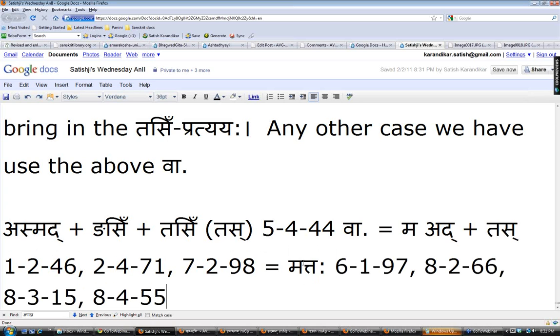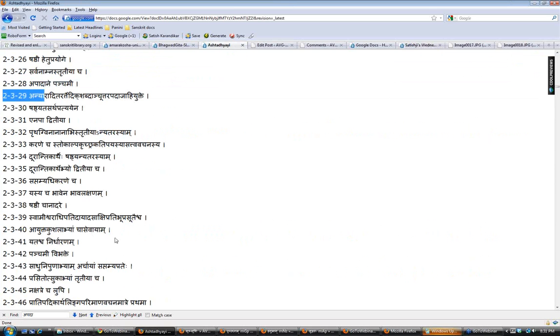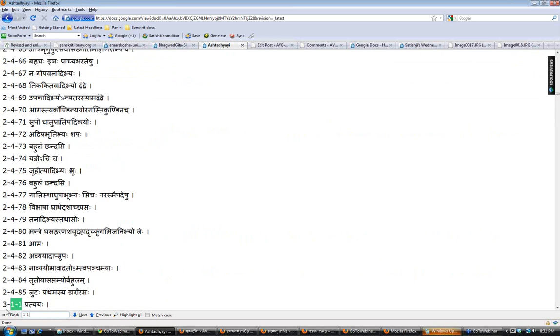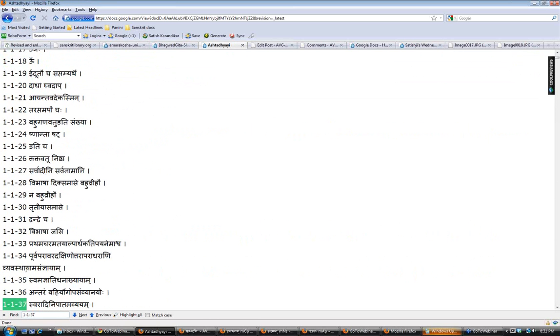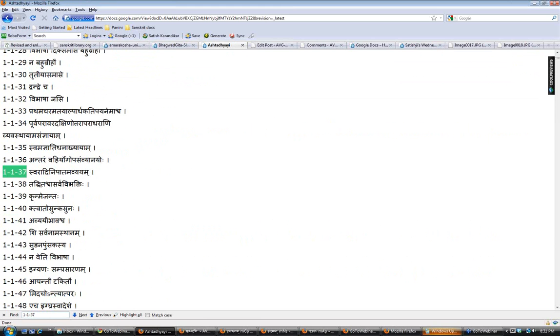One more thing, by the way, that I should mention while we are doing all of this. Remember our Panchasutri, the set of 5 sutras, which defined the Avyaya Sanya. Always have the Ashtadhyayi map in your head. My hope is that after mentioning these many times, you recall some of these.